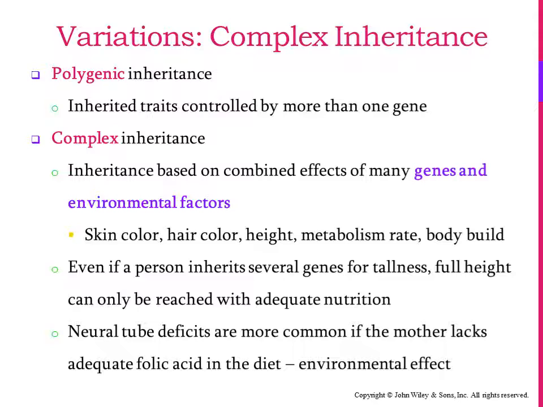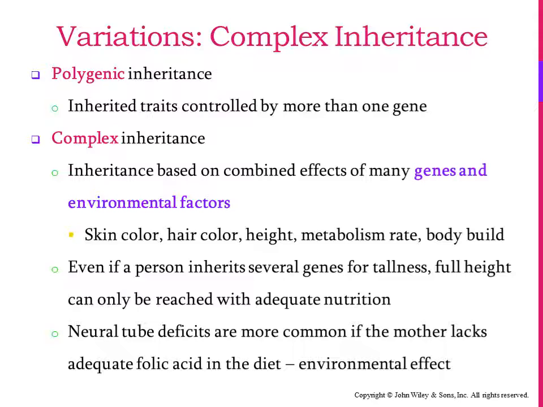This is also the case with complex inheritance, where you add to this mix environmental and nurturing factors in the expression of that gene. So most polygenic traits are also complex in that not only are multiple genes involved, but also environmental factors will affect the final expression of that trait.